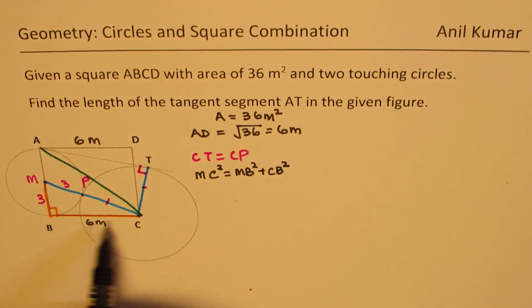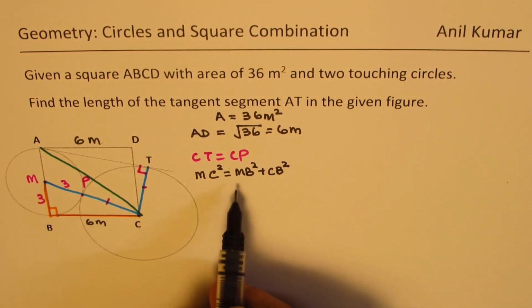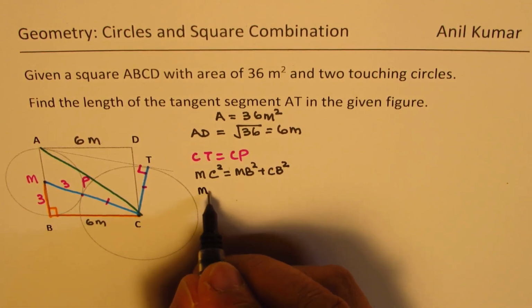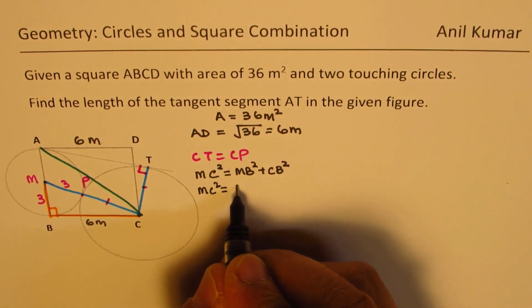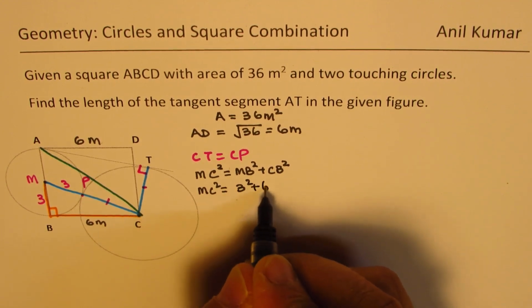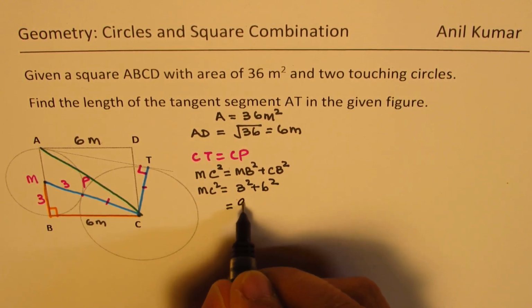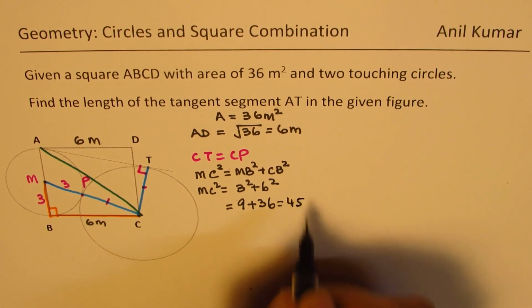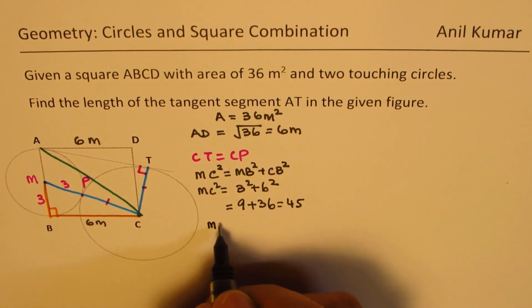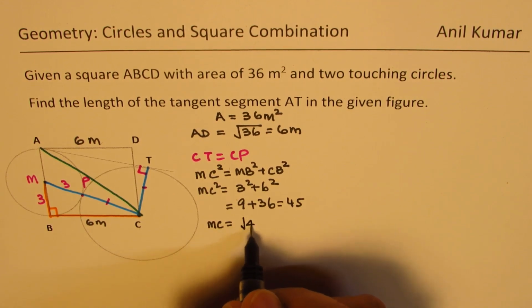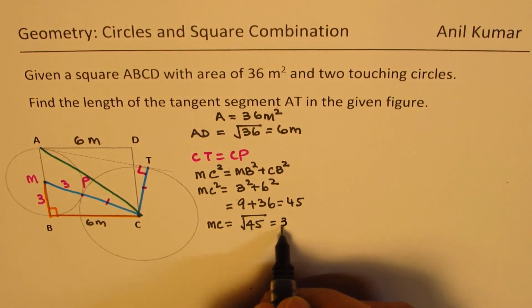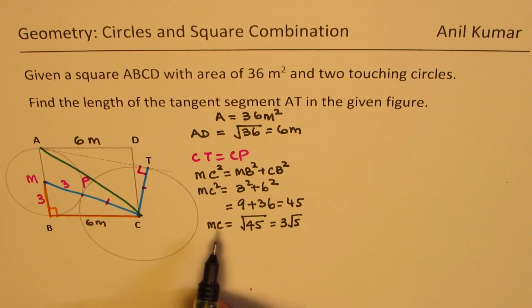Okay. Now in this case, MB is 3 and CB is 6. So we know MC square is equals to 3 square plus 6 square, which is 9 plus 36 or 45, correct? So we know that MC is square root of 45, which is 9 times 5 or 3 square root 5. Clear? So we know what MC is.